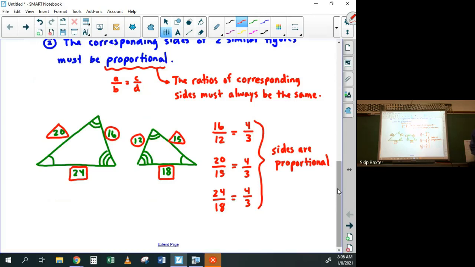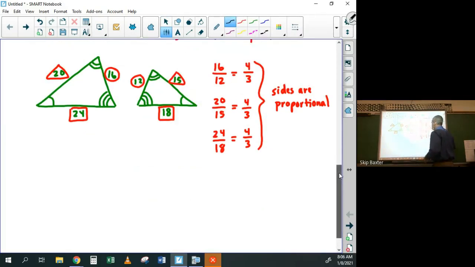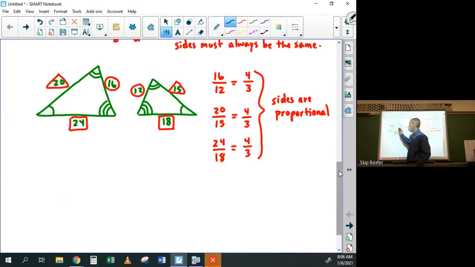Does that make sense? Let's just talk about notation for a second. Suppose we have, let me label these triangles.